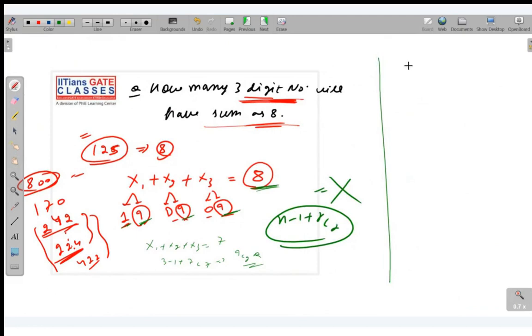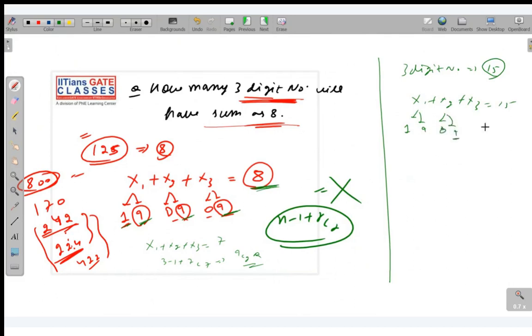But if they ask how many 3-digit numbers will have sum 15, then it is out of scope till now. With the amount of knowledge we have, it is impossible. So three-digit numbers with sum 15: x1 plus x2 plus x3 is equal to 15. Now x1 has minimum 1, maximum 9, and the others have minimum 0, maximum 9.